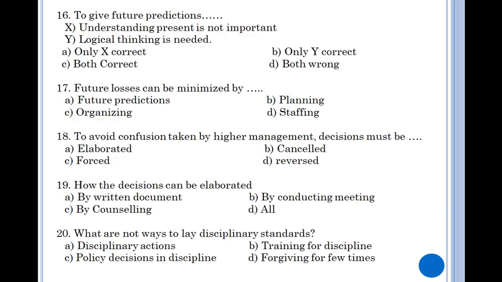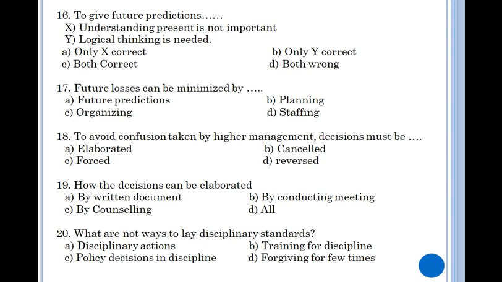Okay, next, question number 16. To give future predictions, we have two options. First, understanding present is not important, and second, logical thinking is needed. See, the question is to give future predictions, which means you want to give a forecast of the future. From those two options we again have four options: only X is correct, only Y is correct, both are correct, and both are wrong.